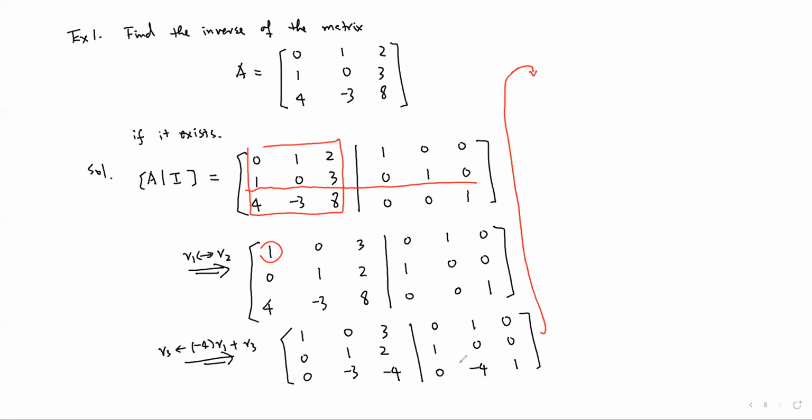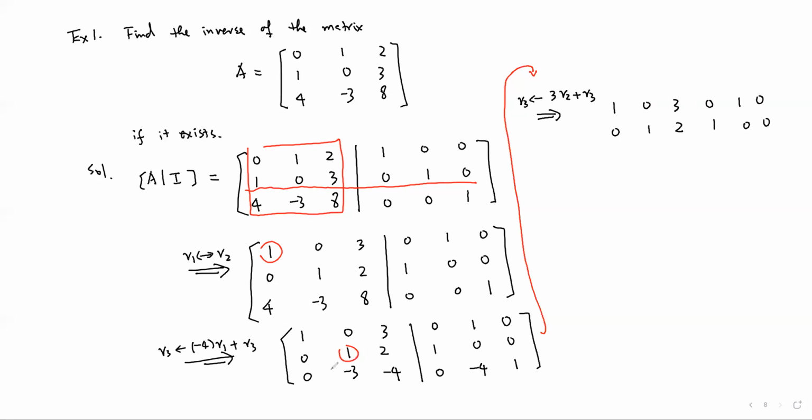Further reduce this matrix to echelon form. Next, I use this number to eliminate -3. 3 times row 2 plus row 3, then put the result in row 3. Row 1 and row 2 do not change.